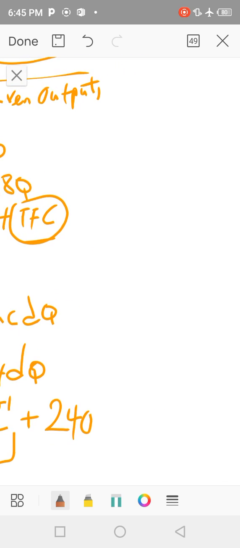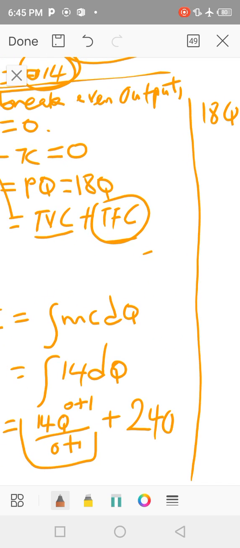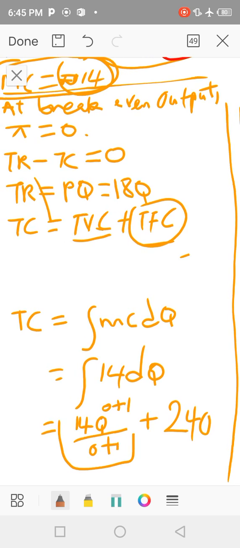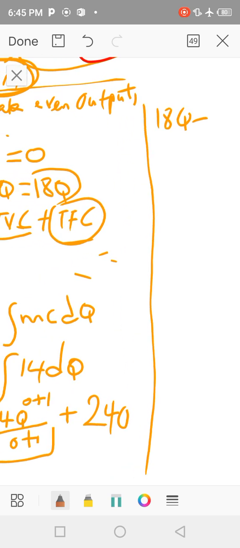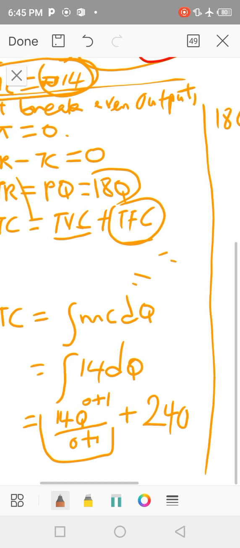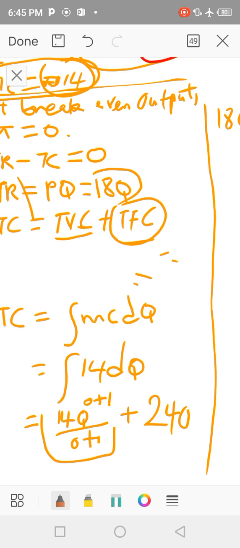So the next thing to do is to say that our total revenue, which is 18Q, minus total cost, which is what we got here, 14Q plus 240.